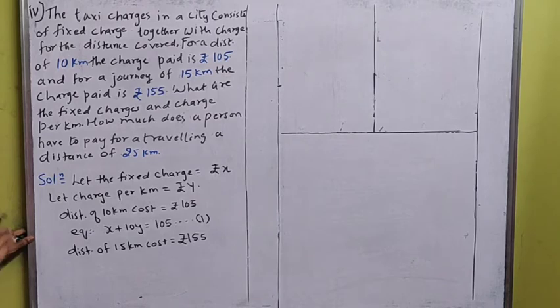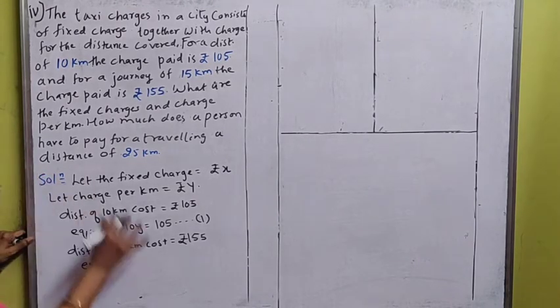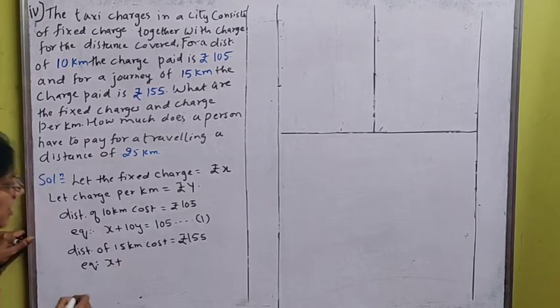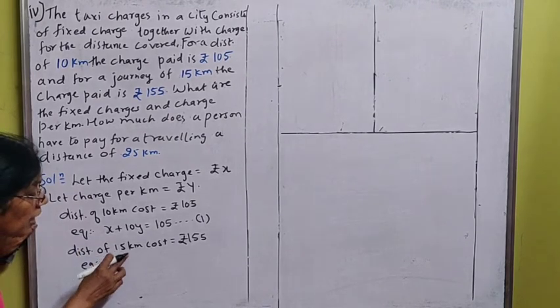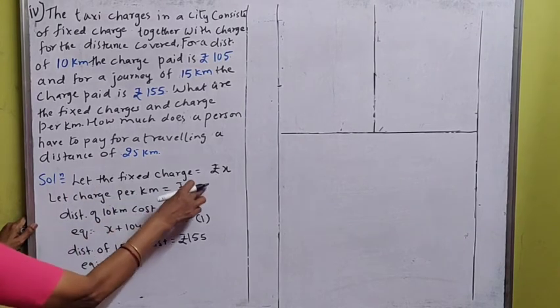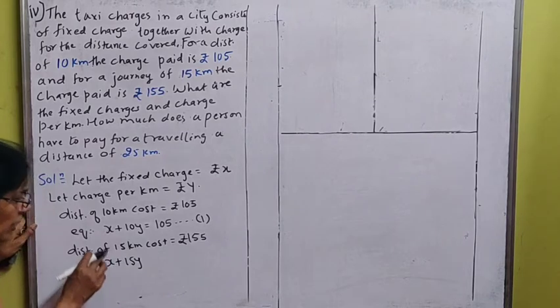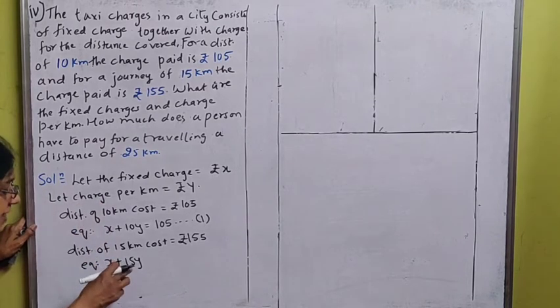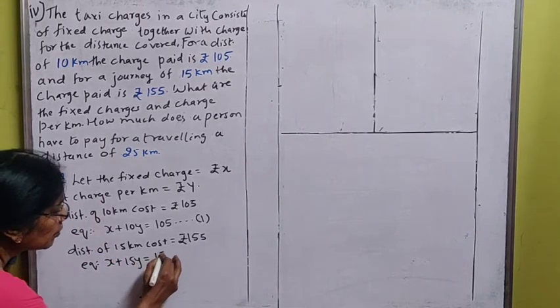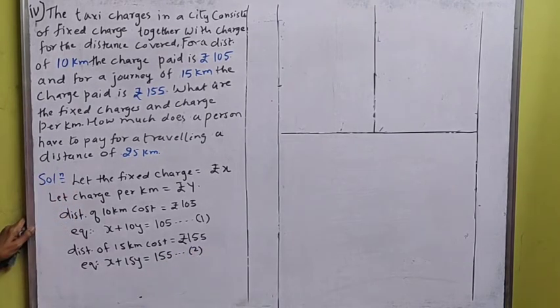So what will the equation become? X is the fixed charge, plus how many kilometers you have gone, 15 kilometers. For 1 kilometer rupees Y, so for 15 kilometers it is 15Y. So the fixed charge plus the charge per kilometer is equal to 155. This is your equation number 2.